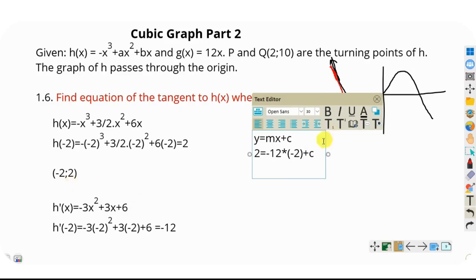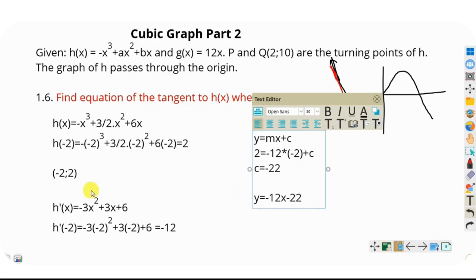By simplification, this is positive 24, so when you move it to the other side it's minus 24, so c is going to be negative 22. Therefore the equation of the tangent equals negative 12x minus 22.